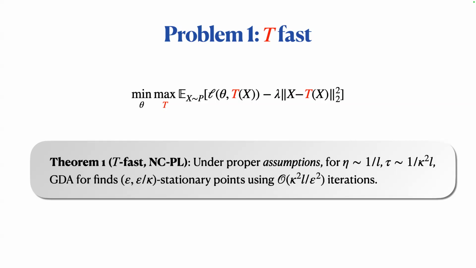The main part, outside with respect to theta, is NC, and the inner side is PL. PL, of course, is slightly weaker than strong convexity. We can show that GDA will find an epsilon-stationary point with epsilon to the minus 2 iterations. This is one of the main results.